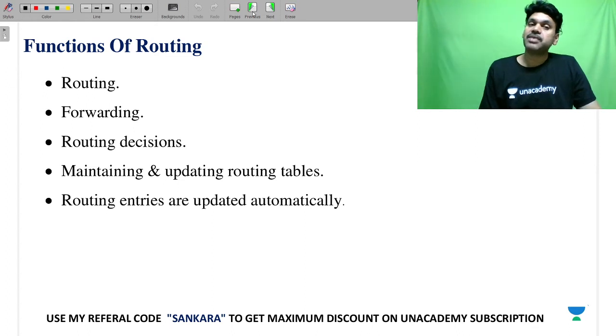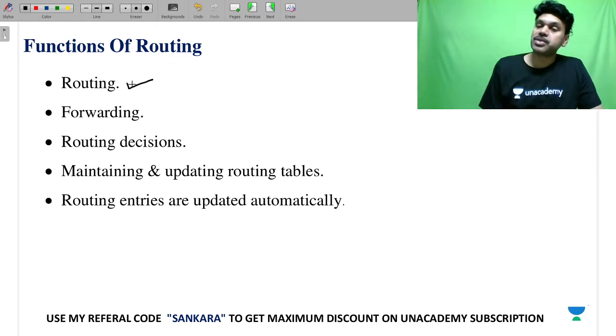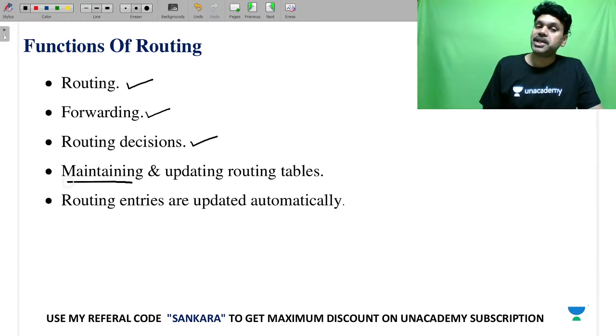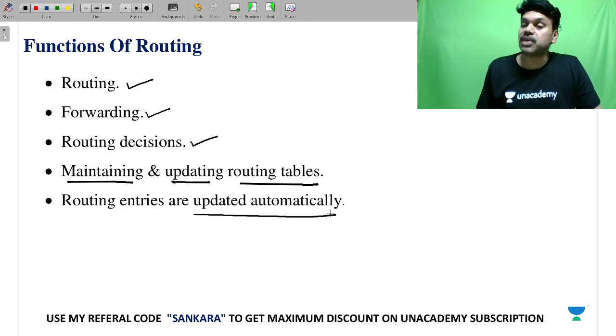What are the functions of routing? It performs shortest path, forwarding and routing decisions before delivery of your data packet, and maintaining and updating your routing tables. Routing tables are updated frequently and automatically whenever there are changes in delays, right?